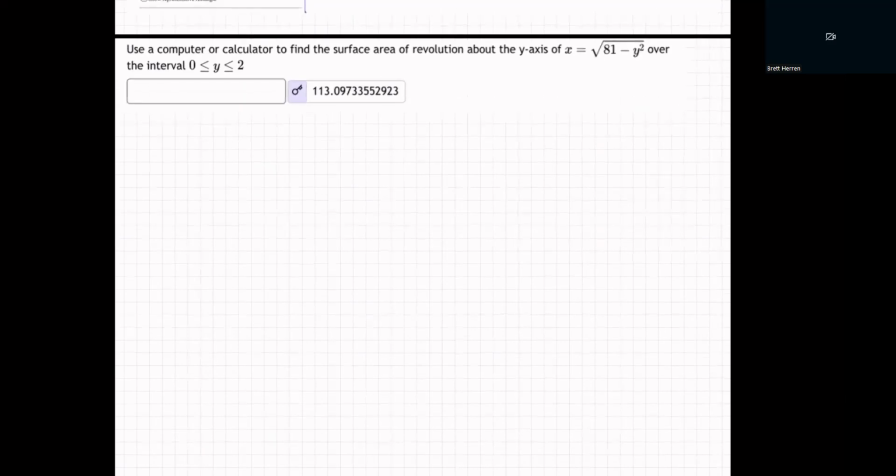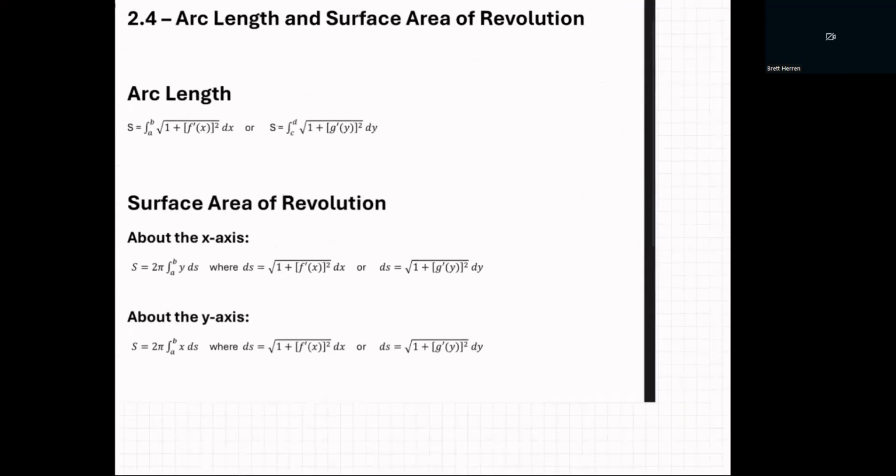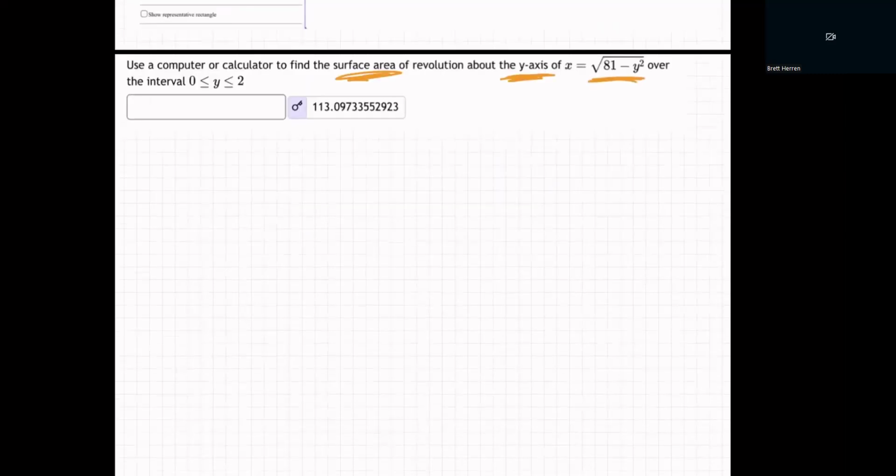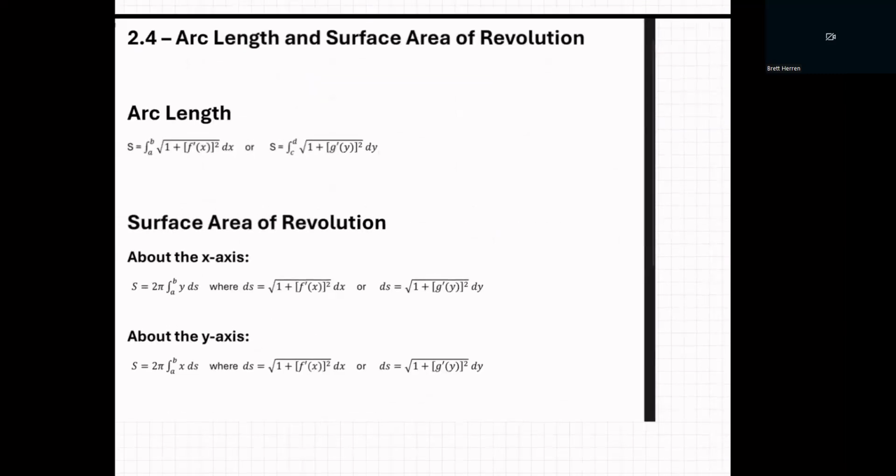So we're going about the y-axis, and we have a function in terms of y. So let's go find that. This is surface area. Whoops, surface area, not arc length. So here's surface area, and we're going about the y-axis, and we're going to use this ds to put in right there.